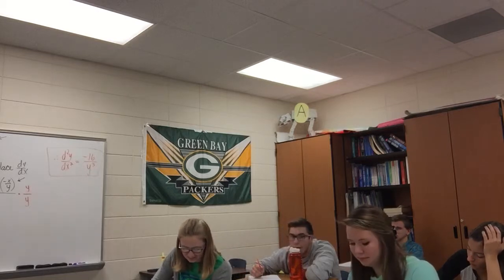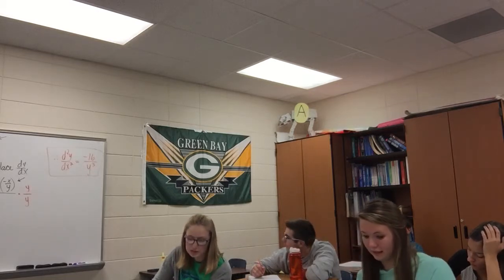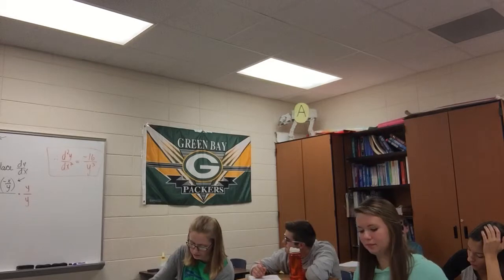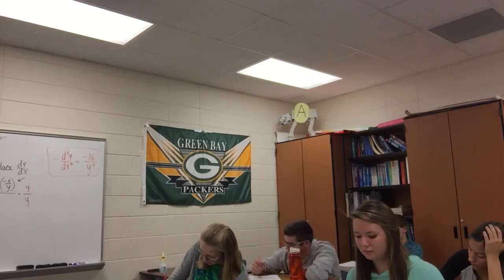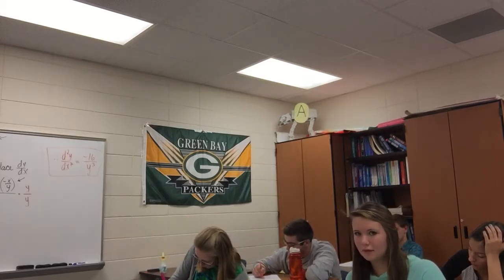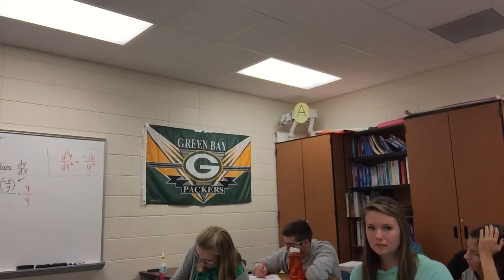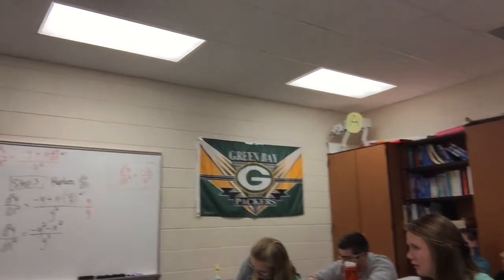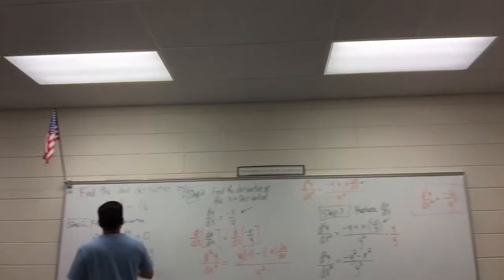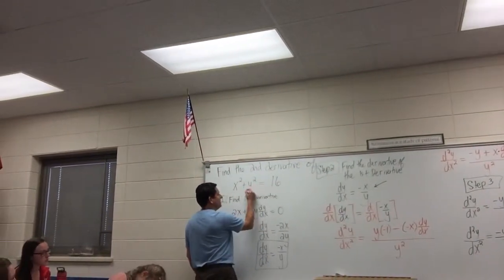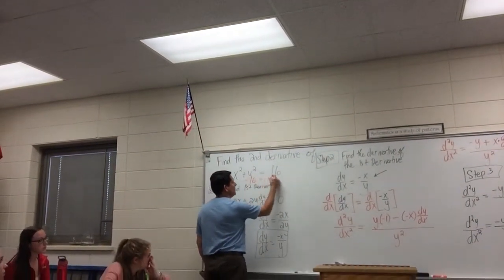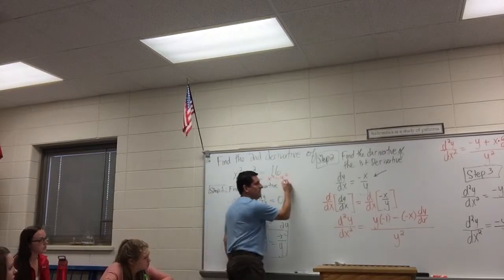Where did that negative 16 come from? Go back to the original equation. Equations were born to be manipulated. So if this is equal to this, then negative 16 is equal to negative x squared minus y squared.